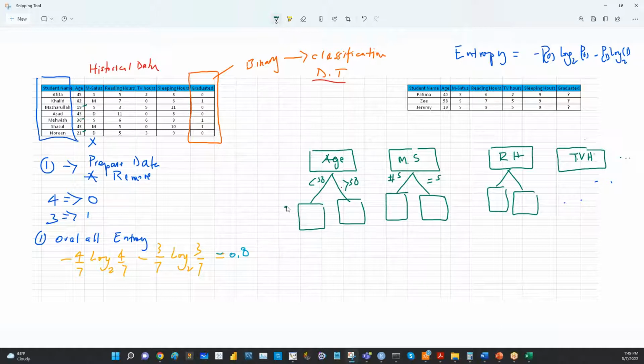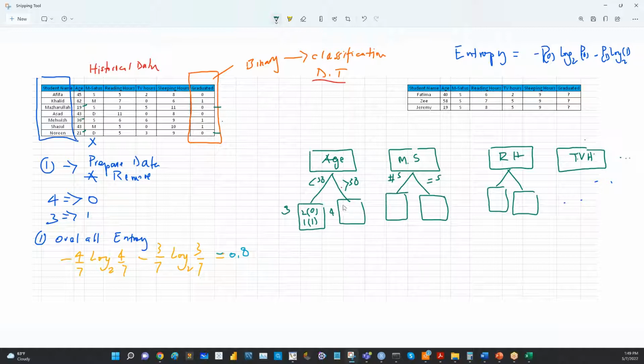And above 38, we got 1, 2, 3, and 4. For these 3, how many zeros and how many ones? We got 2 zeros and 1 one.